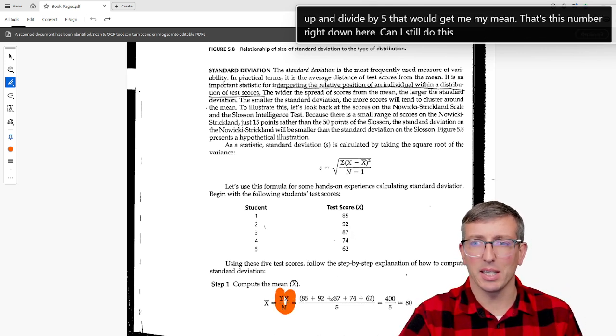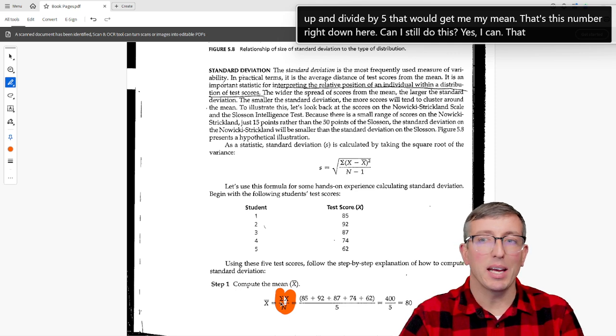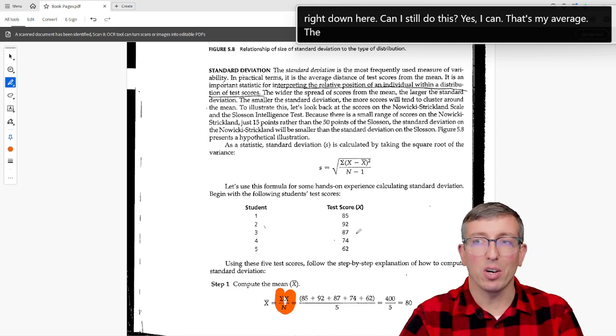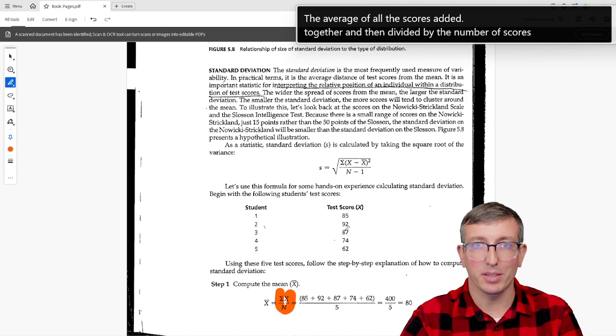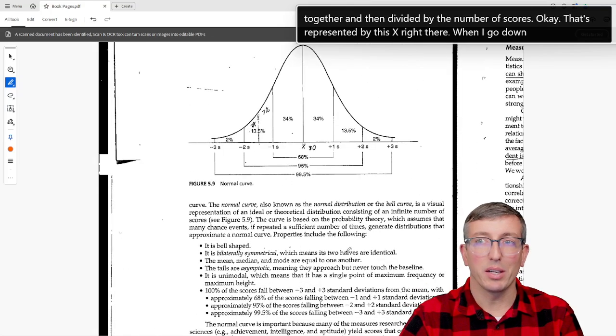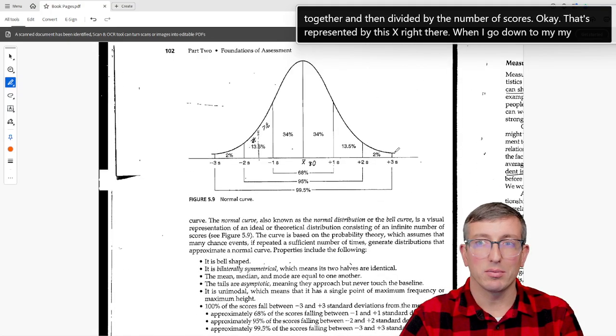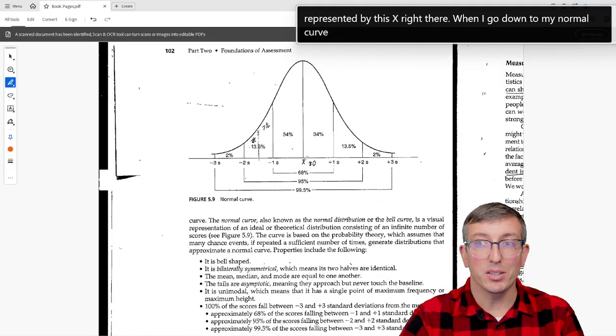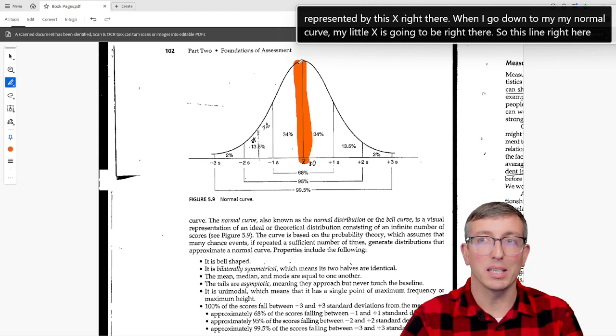That's my average: the average of all the scores added together and then divided by the number of scores. That's represented by this X right there. When I go down to my normal curve, my little X is going to be right there. So this line right here represents average.